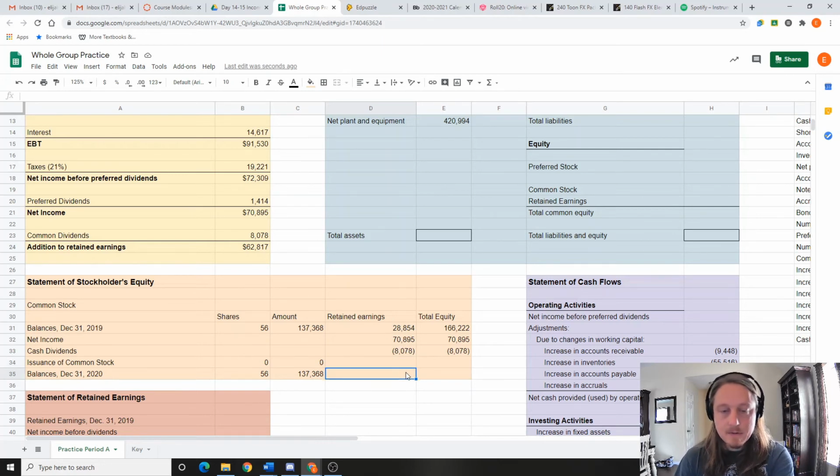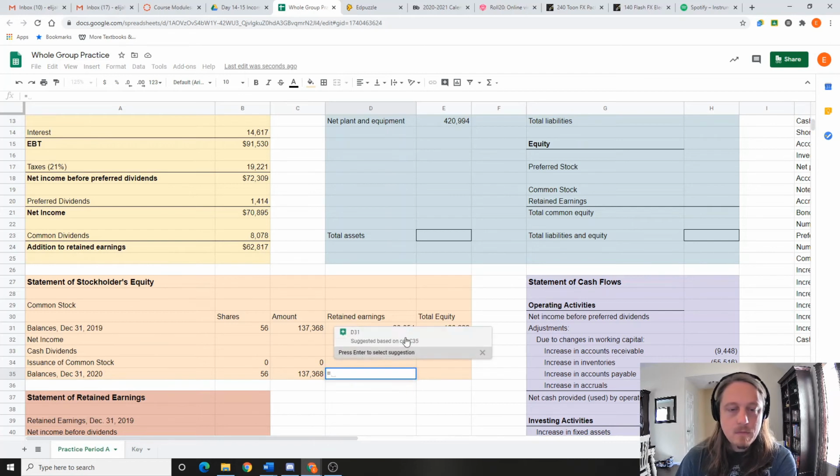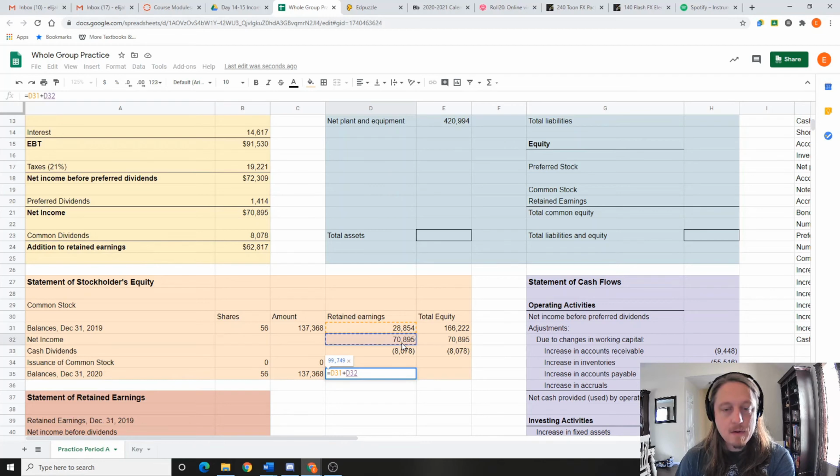So this equals, we've got previous retained earnings, plus we added some income, plus we spent some money. Now I know it seems like why would you add that, but this is already negative. So all we have to do is add this negative value and it will subtract it. If we press enter.